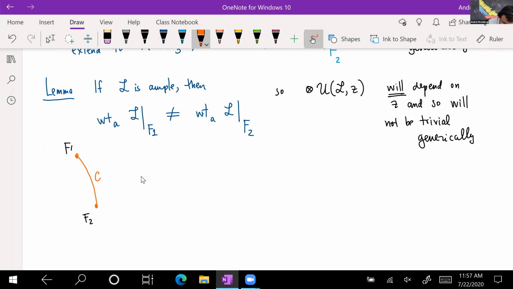So if I pair the degree of the line bundle L restricted to C, which must be a positive number if that line bundle is ample, this is computed by localization. It is the difference of the weight of L1 minus the weight of L2, divided by the tangent.